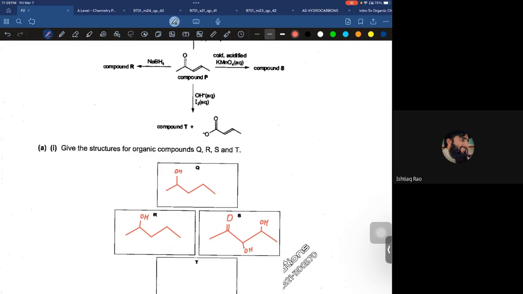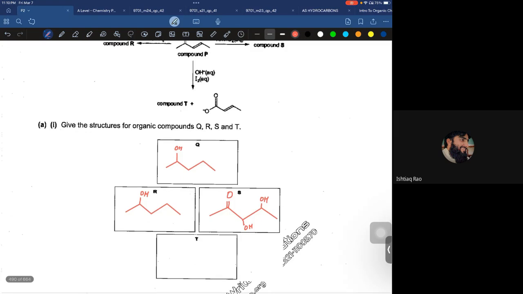Rather than if you would be having your hot KMnO4, the whole double bond would be breaking down. I can say the rupture of double bond, and then accordingly sometimes you will be getting your aldehyde, sometimes your carboxylic acid, sometimes your ketone. So it depends basically.